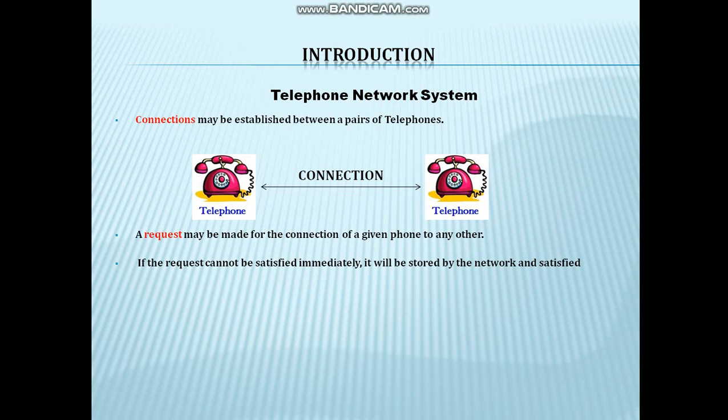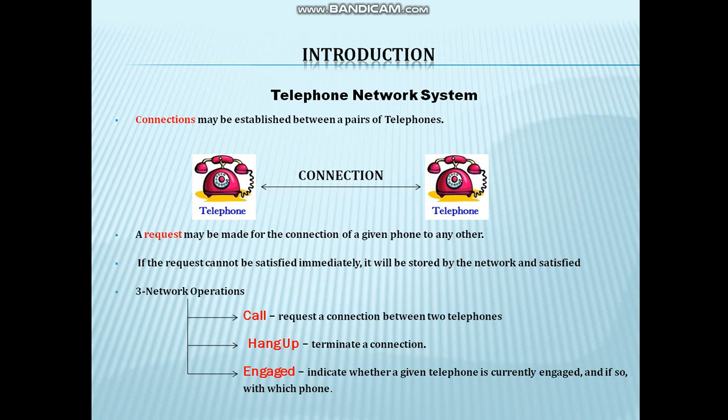For the specification of the telephone network system, we will take three network operations: call operation, hang up, and engage. Call means that a particular request for a connection is being made between two telephones.